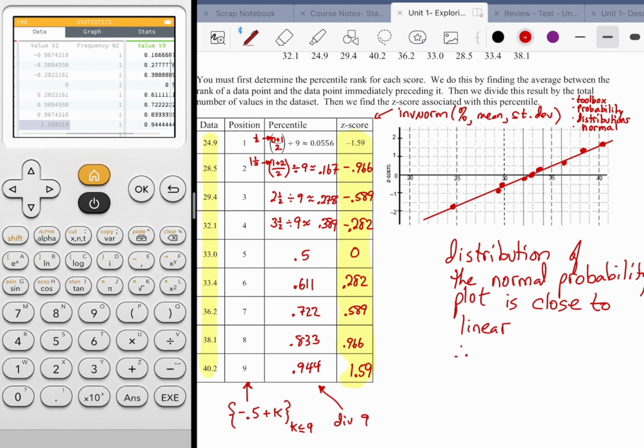Therefore, the distribution of the data, I'll say data set, is close to normal.